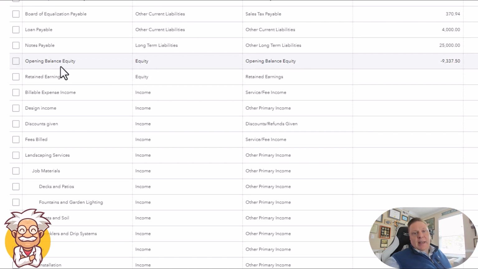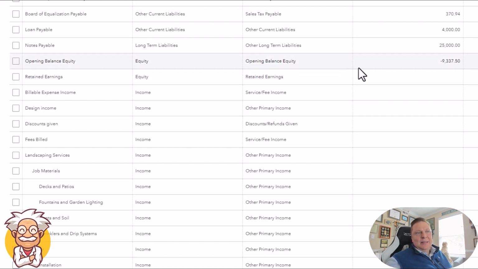Now, QuickBooks has a default account. It will always be here. You can't eliminate it. It's called opening balance equity. QuickBooks uses this account when you connect up accounts, and this will show up here. It will always go against your equity account.